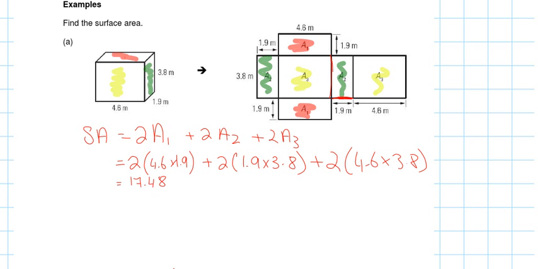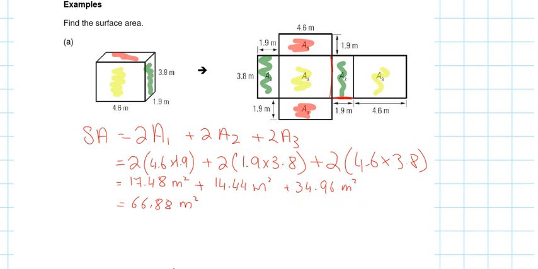Meter squared, plus 14.44, also meter squared, plus 34.96 meter squared. Okay? And then I add them all together, so that's going to give me 66.88 meter squared. Are we okay with that?